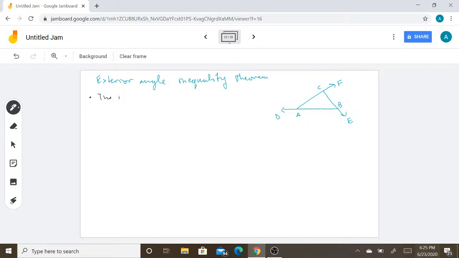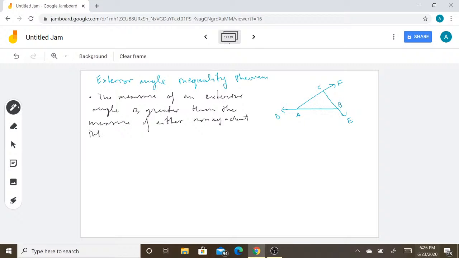The measure of an exterior angle is greater than the measure of either non-adjacent interior angle.